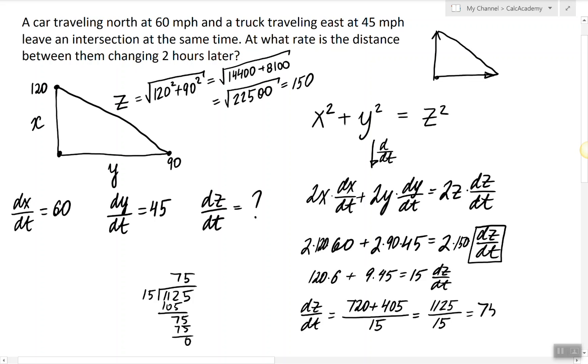So the answer is 75 miles per hour. So the distance between the two vehicles is increasing at the rate of 75 miles per hour.